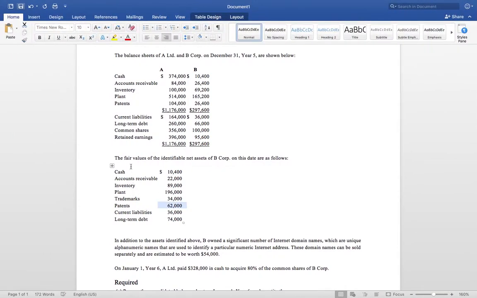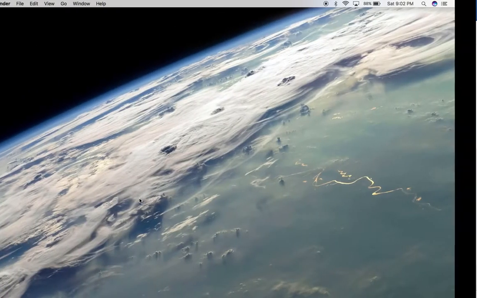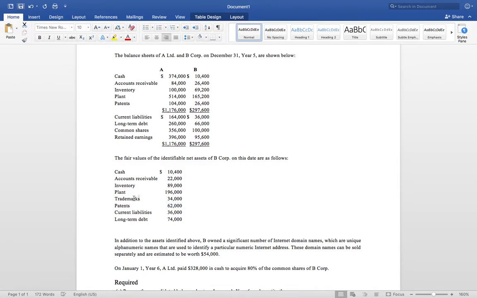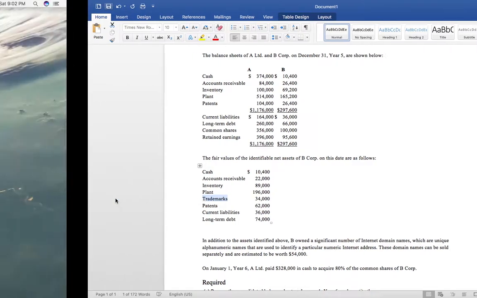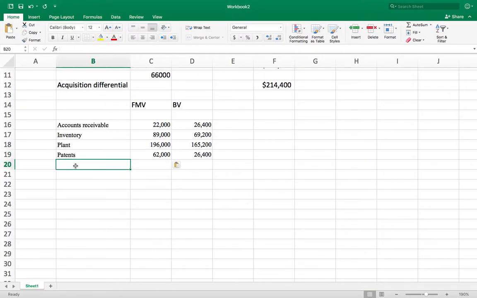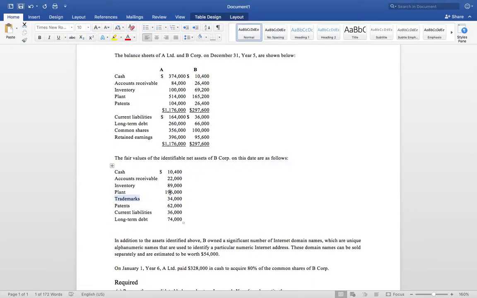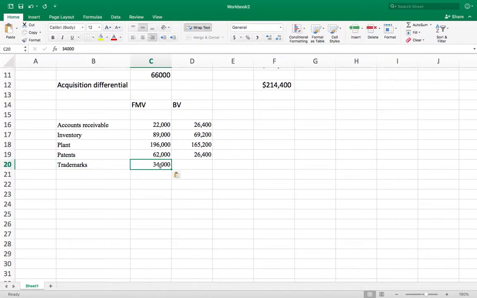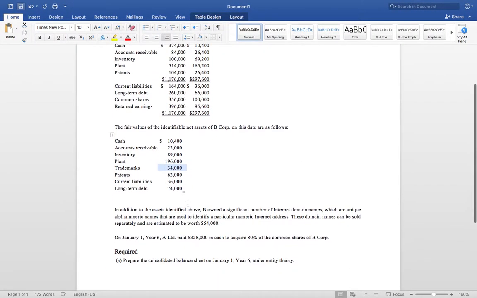Okay, what else do we have? We have trademarks. Trademark has a fair market value of 34,000. Their book value is 0 because we don't have anything. And then we have this domain name.